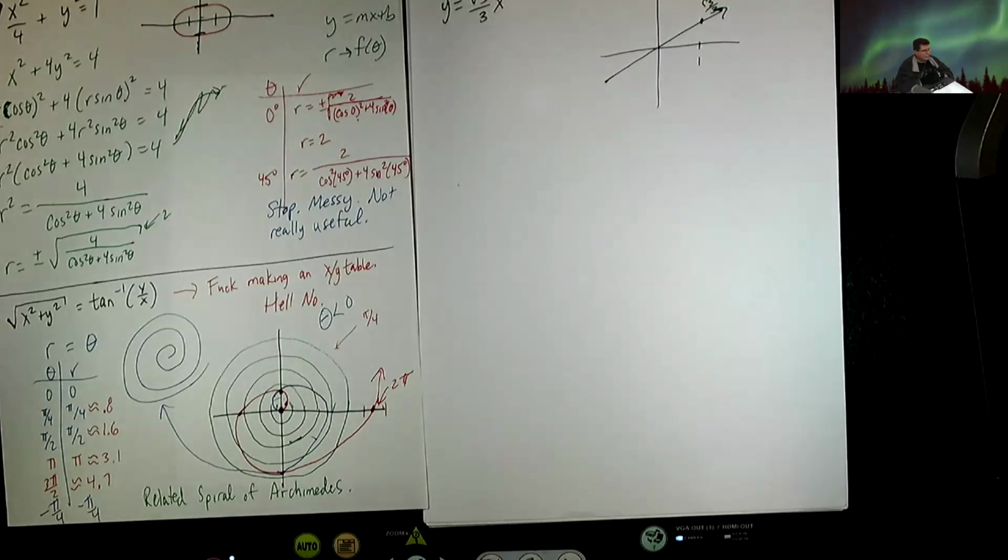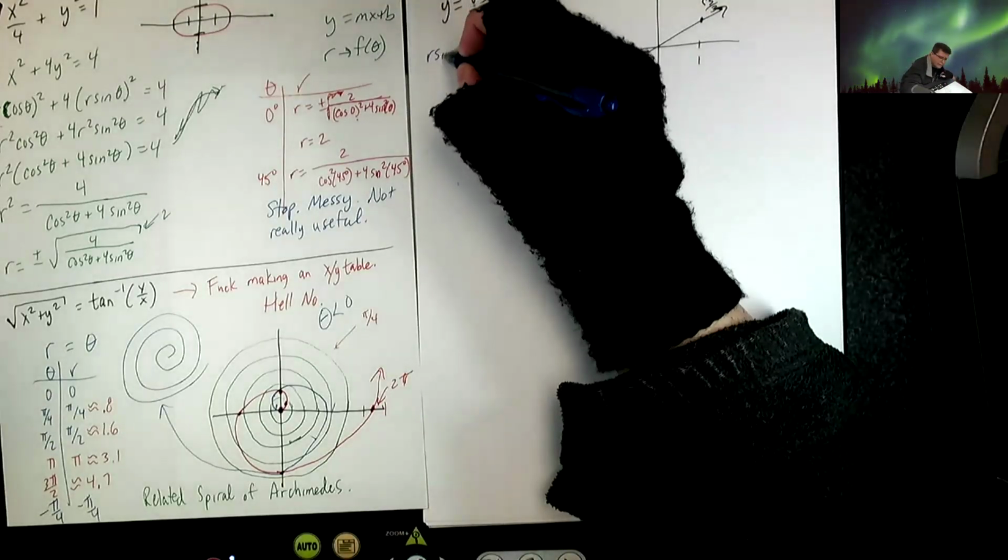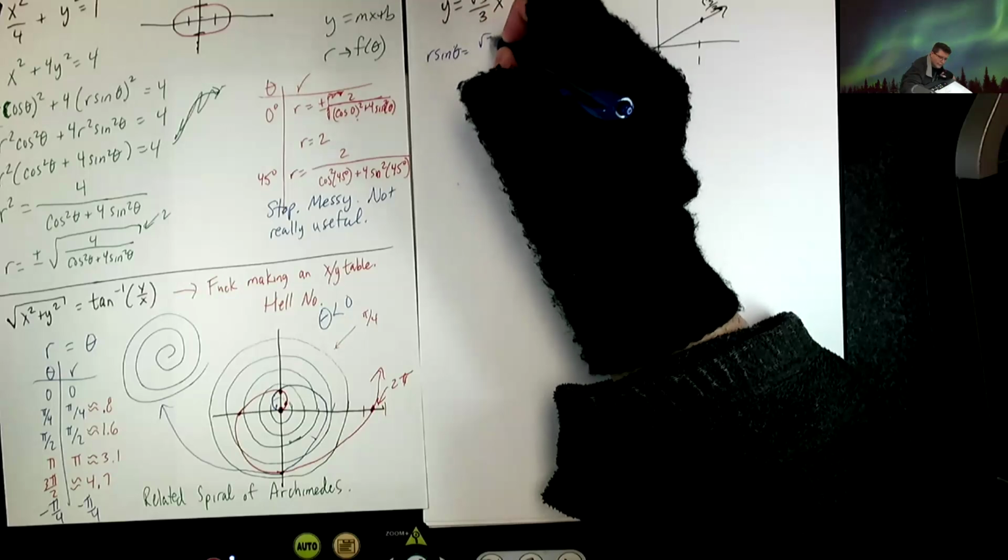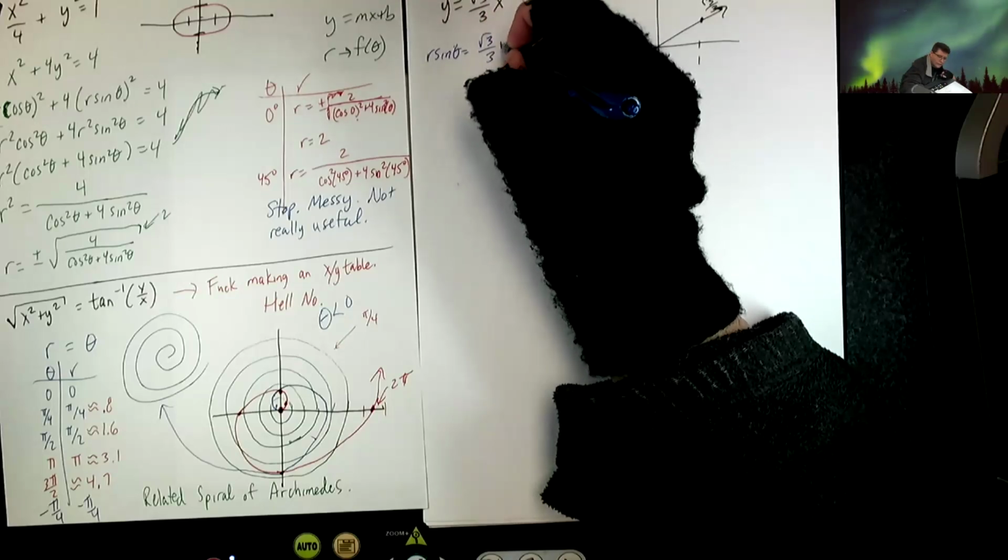What is this in the other form now? r sine theta equals √3/3 r cosine theta.